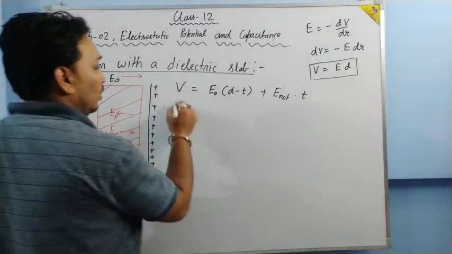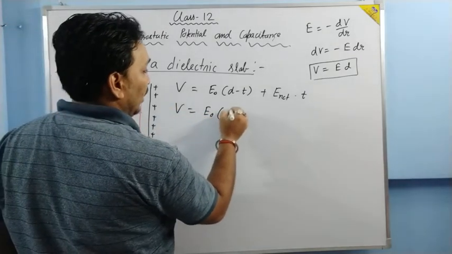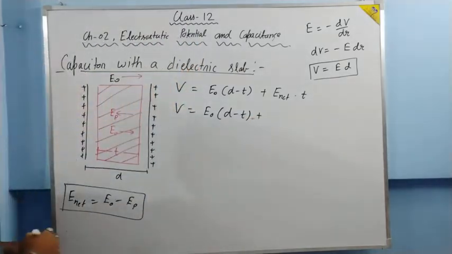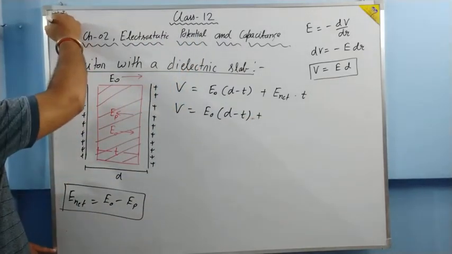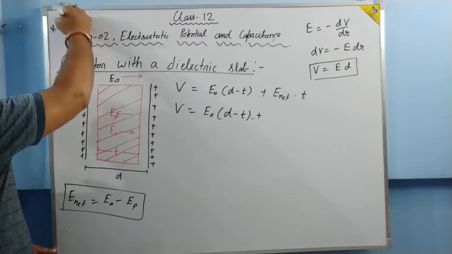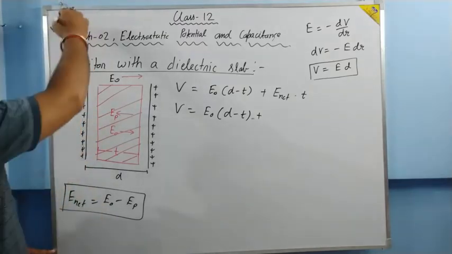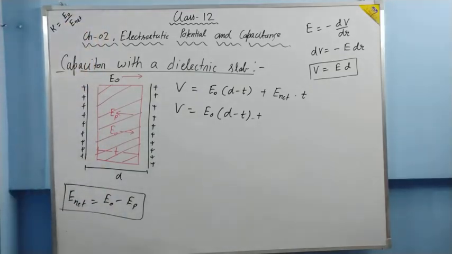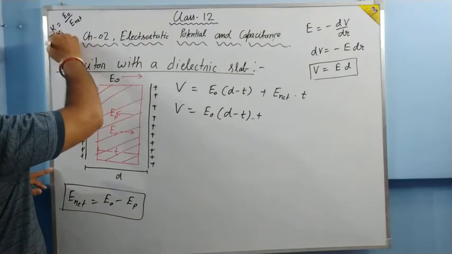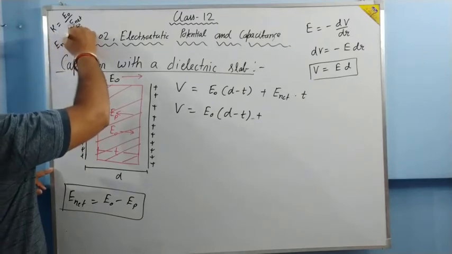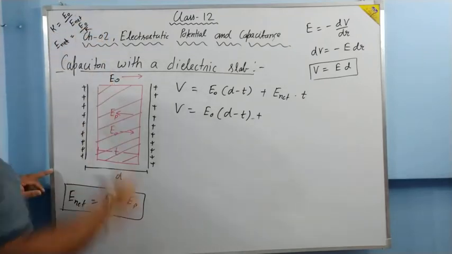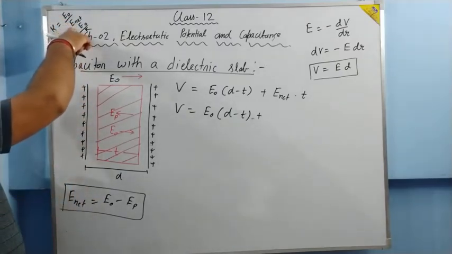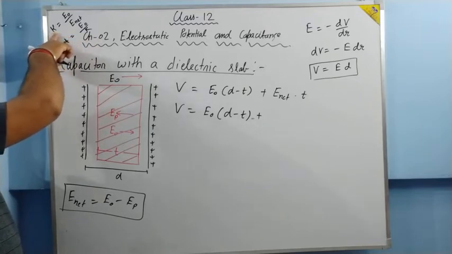Now V is equal to E naught into D minus T plus, we know a formula that the dielectric constant is defined as E naught upon E net. Electric field in the vacuum to the electric field in the medium is defined as the dielectric constant of the medium.